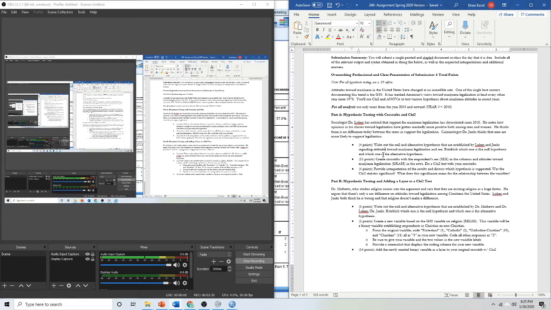You are going to be doing initially a chi-square test that examines the association between attitudes towards marijuana legalization, the grass variable, and respondent sex. The grass variable is a Likert scale variable that asks people how much they agree with marijuana legalization.